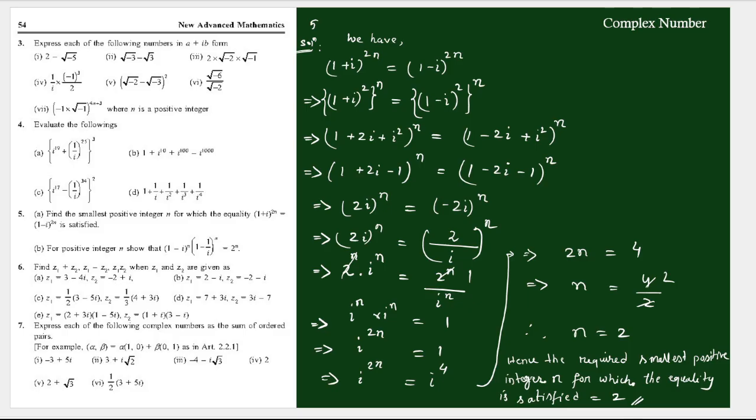Then what do we have now? Question 6, z plus z2, z minus z2, these are all given. Okay, 6 also you can do. Then 7: express each of the following complex numbers as the sum of an ordered pair.